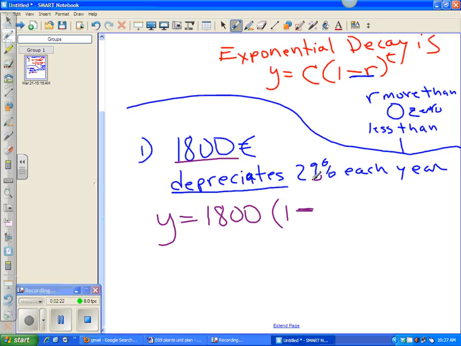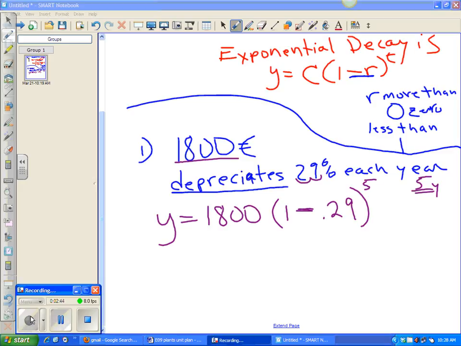I move my decimal 2 places, which means 0.29. And the t value is each year. Let's say I've owned the computer for 5 years, and I want to know what my computer is going to be worth after 5 years.